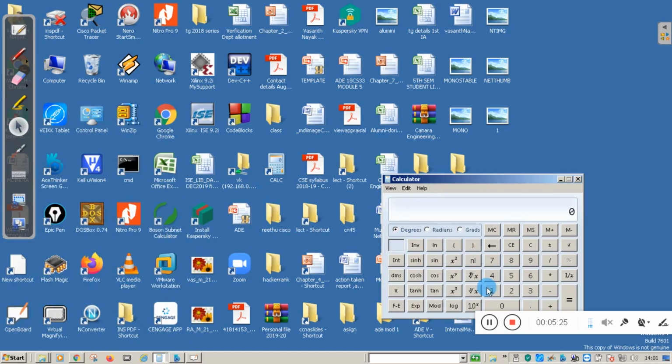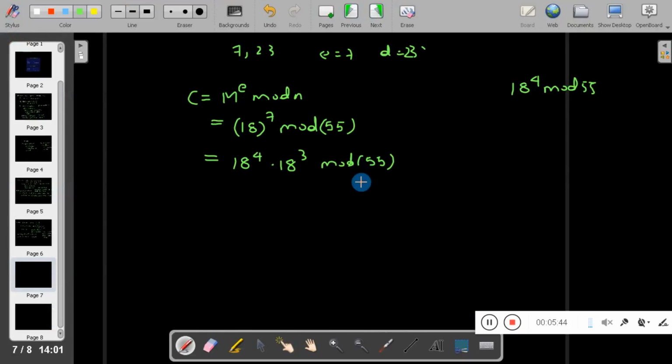Let me take 18 raised to the power 4 mod of 55, and you will get 36. So this value is equal to 36. Now you need to find 18 raised to the power 3 mod of 55.